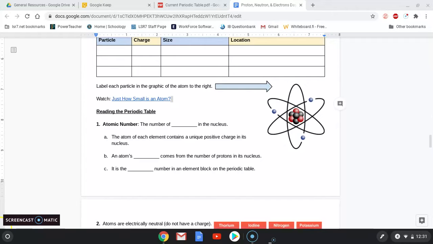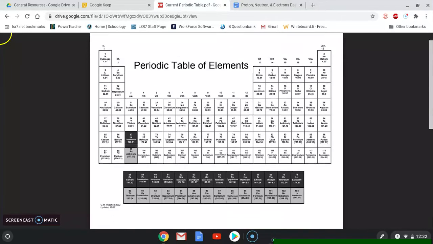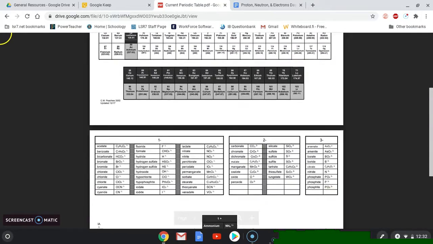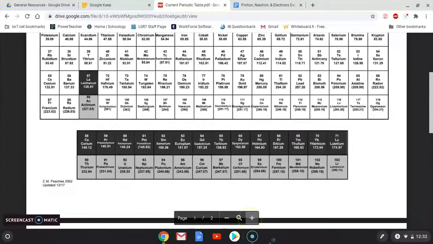All right. So first thing, reading the periodic table. In Schoology, you need to go over there and you'll find the periodic table we use in this class. We all use the same one. This is the one that we've worked on as a science department, and Mrs. Peachy has created this particular periodic table, and it's very good.